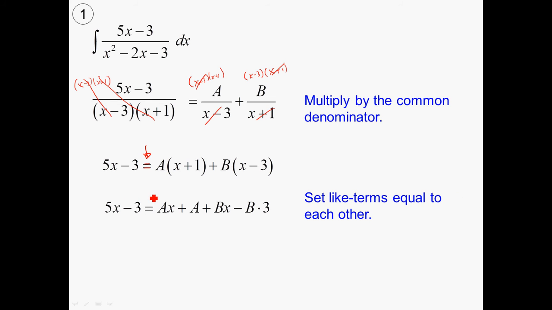So again, if you have an equal sign here, 5x is on the left, therefore anything with an x on the right has to equal 5x. And everything without an x on the right has to eventually get to a -3.